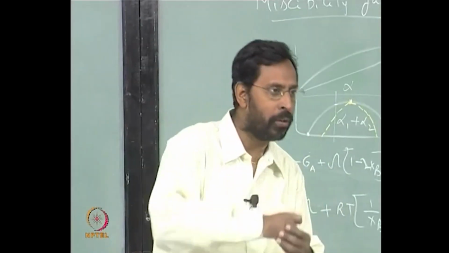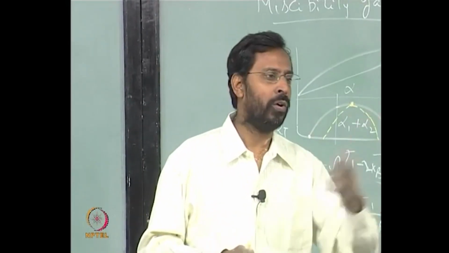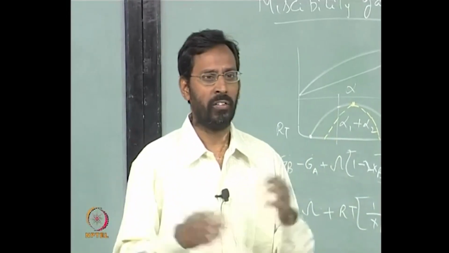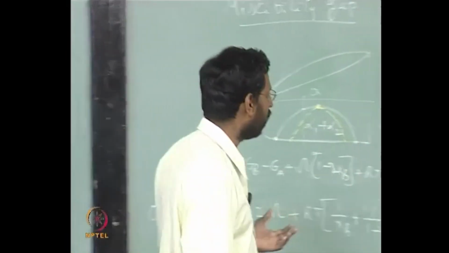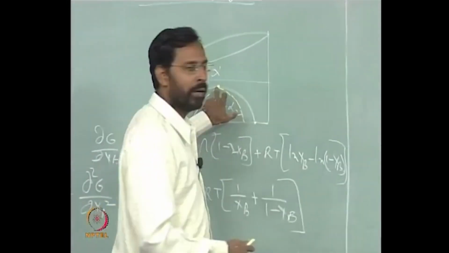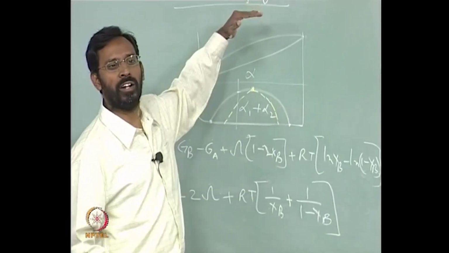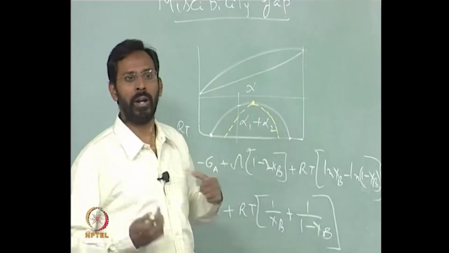Whenever I put B into A, the highest misfit comes at 50-50, provided both are substitutional. That is where you will have the highest strain. That is the reason why you would see the miscibility gap more or less will go up. You need a higher temperature to overcome that misfit, to accommodate that misfit.